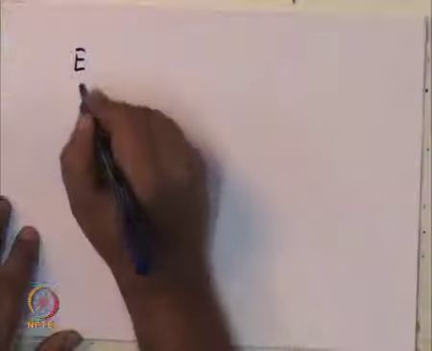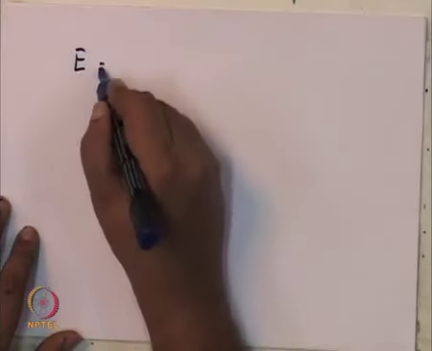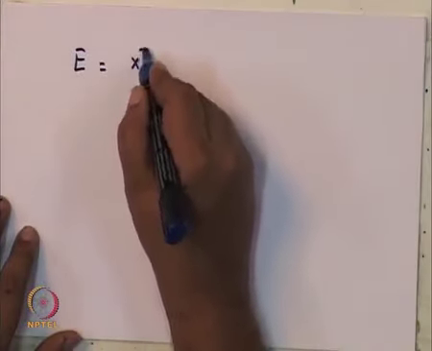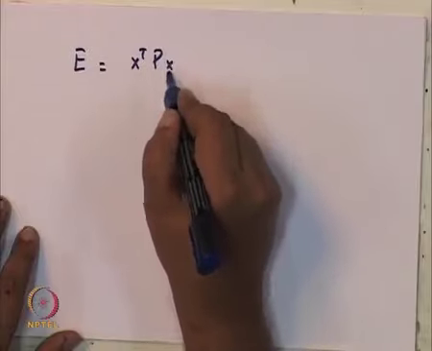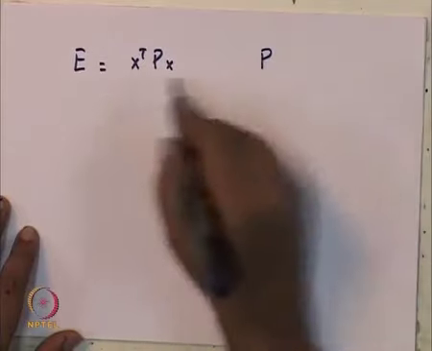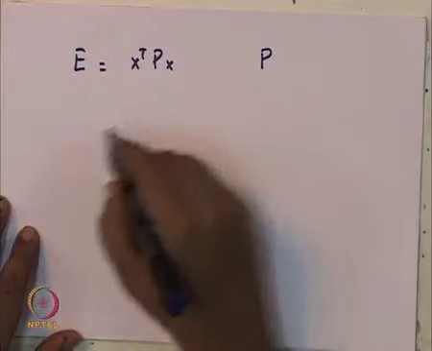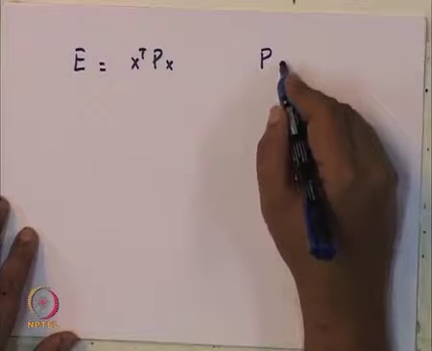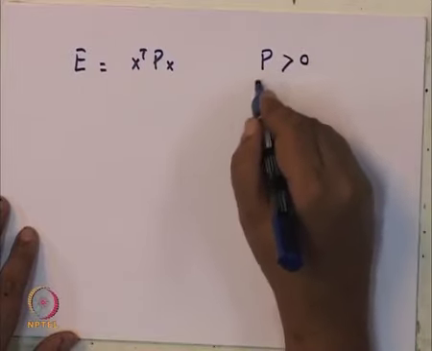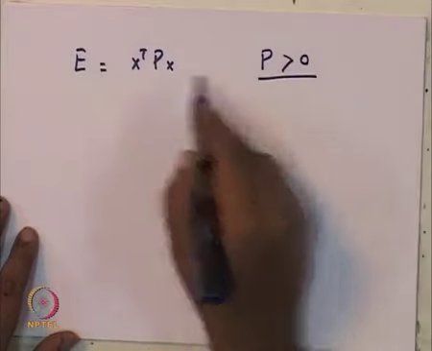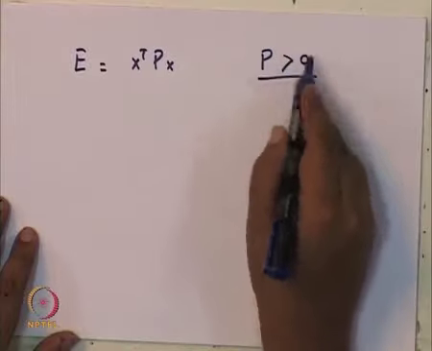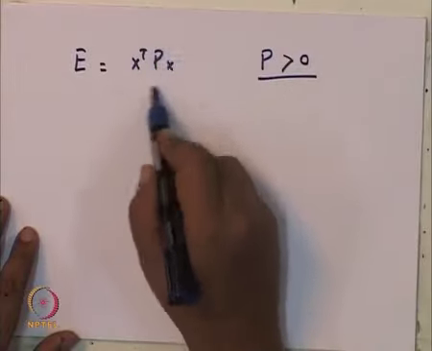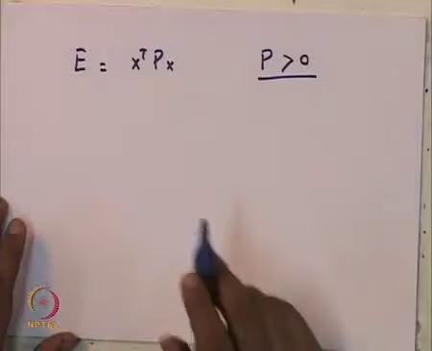So, the storage function E, one could think of the storage function as x transpose P x, where P came from the earlier lemma. So, if P is greater than 0, if P is positive definite, then you are talking about a storage function which is positive definite.